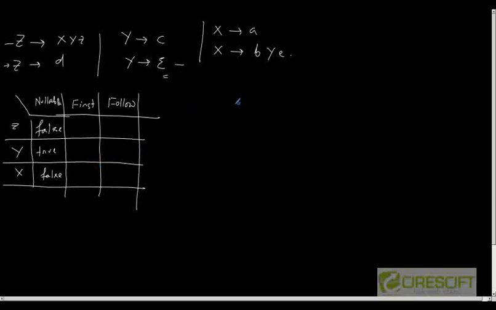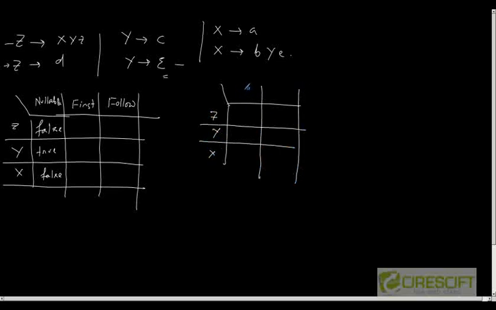Now let us try to calculate the first function, for Z, Y and X. You'll iterate. In the first iteration, the initialization will be that all sets are empty. In the second iteration, what will be first of Z? I can blindly copy the D into the set because it has nothing else.